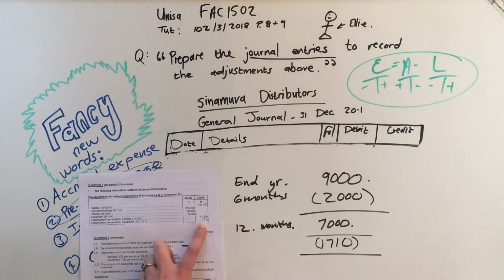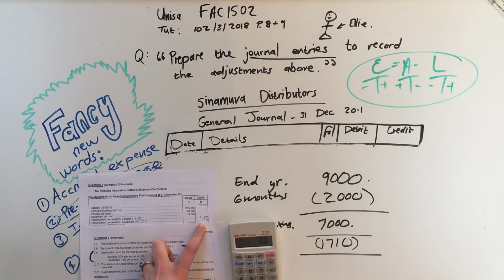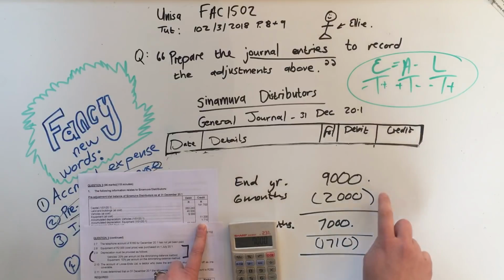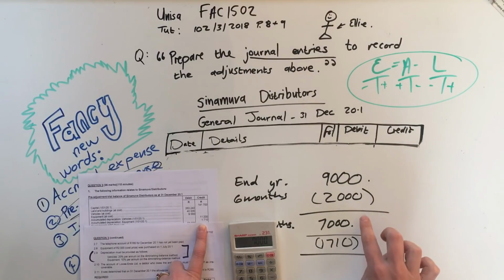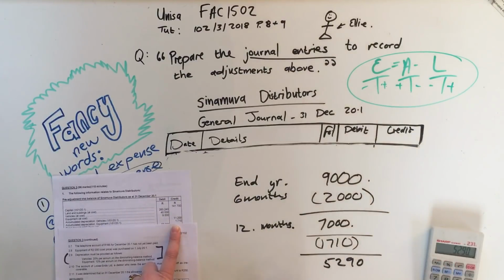And that new value. So if we take the 7,000, why 7? It was 9. That 2,000 is we bought new this year, so we just remove it. Take the 7,000 minus 1,710 equals 5,290 and 10%. So this is now your value.